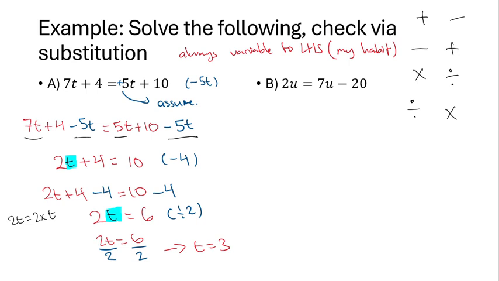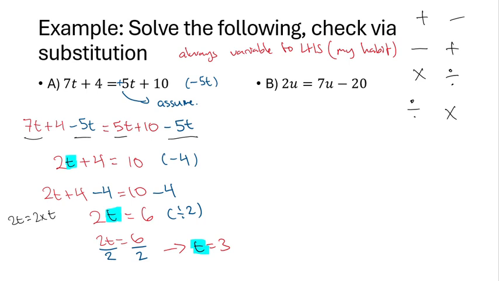The reason why t equals 3 is because if I do 2 divided by 2, this just becomes 1t, and we typically don't write 1t at all. So we just write the letter t. That's why on the left hand side it's the letter t. And then 6 divided by 2 is just 3 on the right hand side, okay? So that's how you would do it.